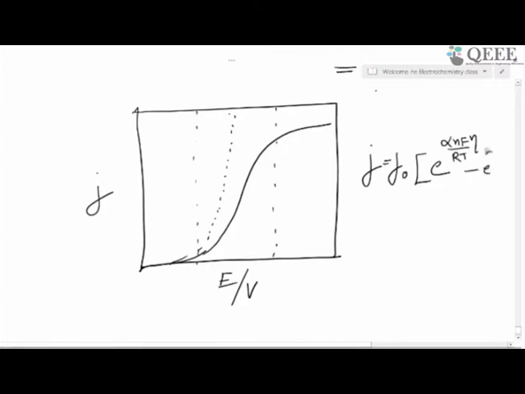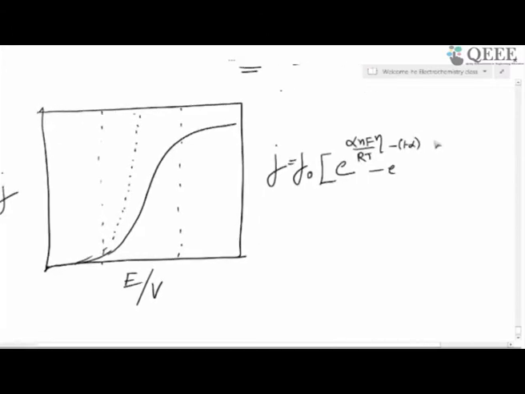Then e power minus (1 minus alpha) nF eta by RT. So this is your Butler-Volmer equation. This shows how the current is related to our potential, and the current is scaled by this J0 value, the exchange current density, which is specific to a given redox couple.